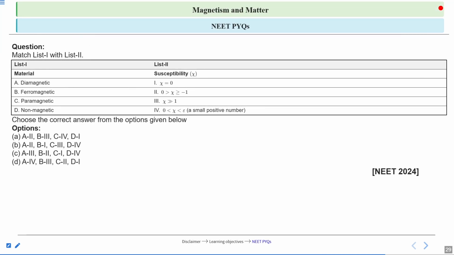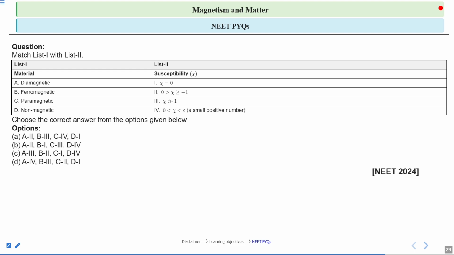So match list 1 with list 2. Materials are given in list 1 and susceptibility values are given in list 2. Diamagnetic material, ferromagnetic, paramagnetic, non-magnetic. The susceptibility values are: chi equal to 0; chi between 0 and minus 1, or equal to minus 1; chi much greater than 1; and chi between 0 and epsilon, where epsilon is a very small positive value.